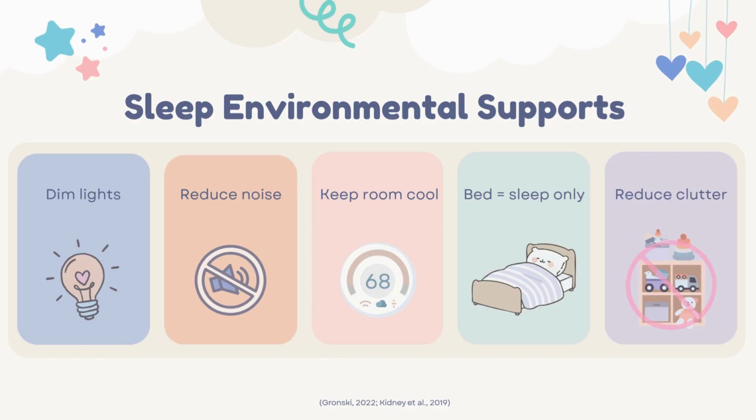These adjustments may seem small, but they shape the context in which sleep occurs. And when we modify the environment, we often support regulation without requiring additional effort from the child.